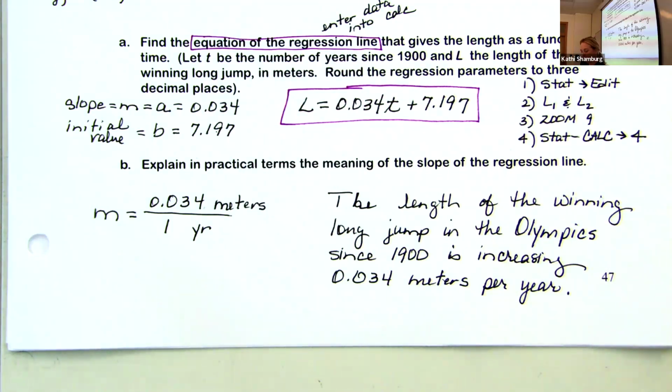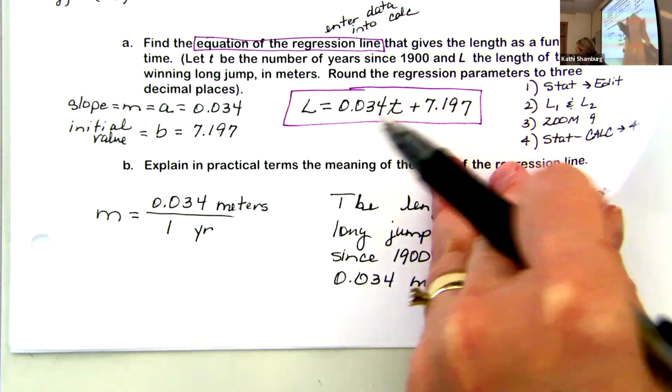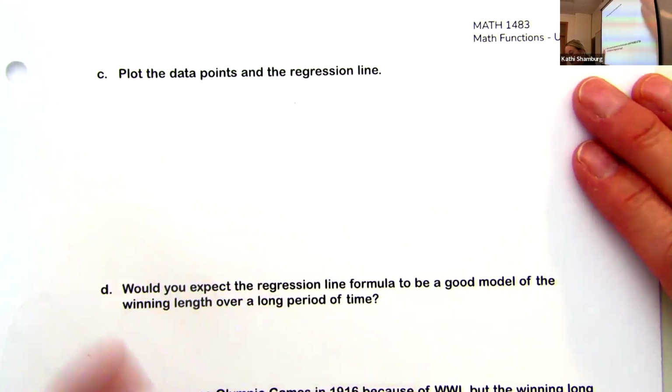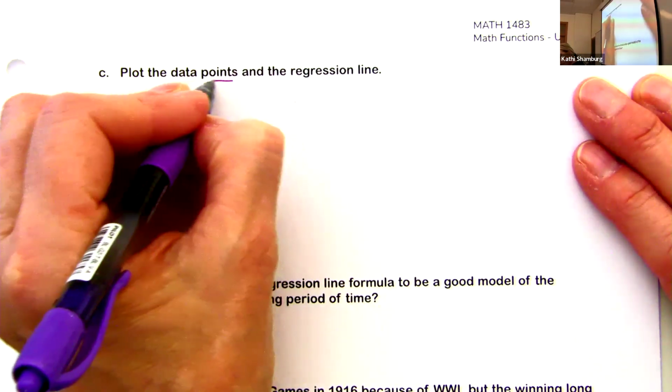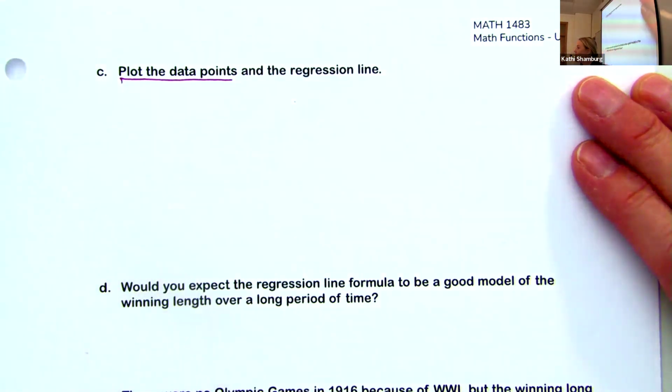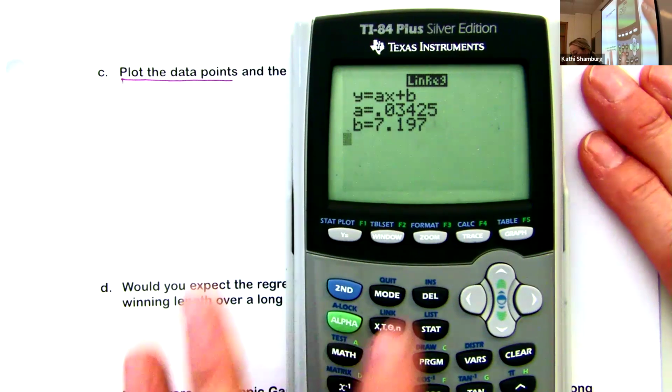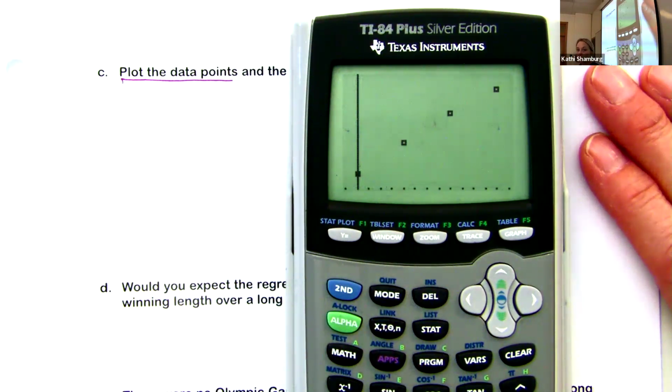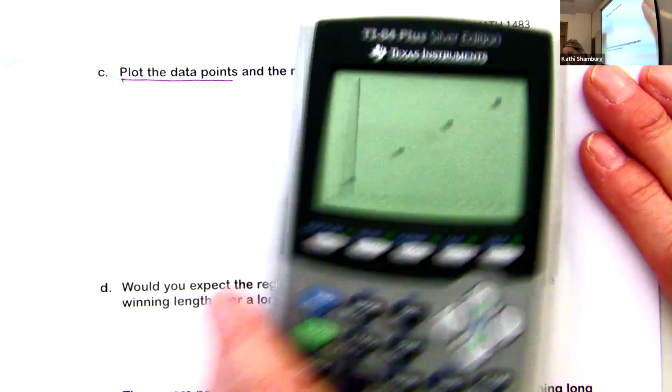Okay. All right. Now, the next page is the C, D, and E, so it's still on this Olympic Games, so have that handy where you can see it. Okay, so it says plot the data points. Well, we already put them in there, right? So I'm going to go back to Zoom 9 and it should give me my picture.